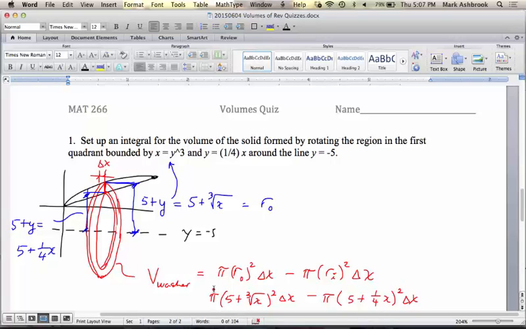And so it's going to be that whole thing in the integral with dx instead. And then what will the limits be? So now we're doing x, right? So it's going to be from 0 to the last x value, which is 8.